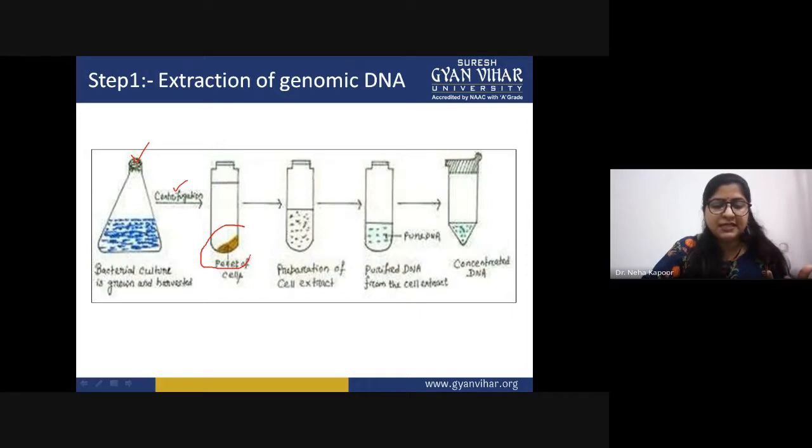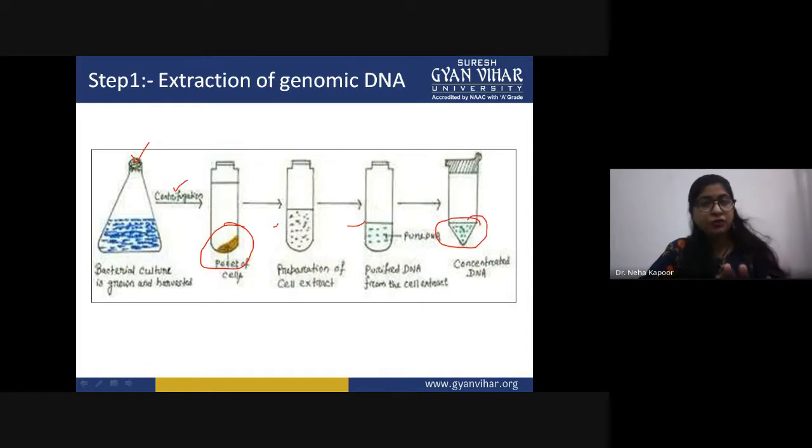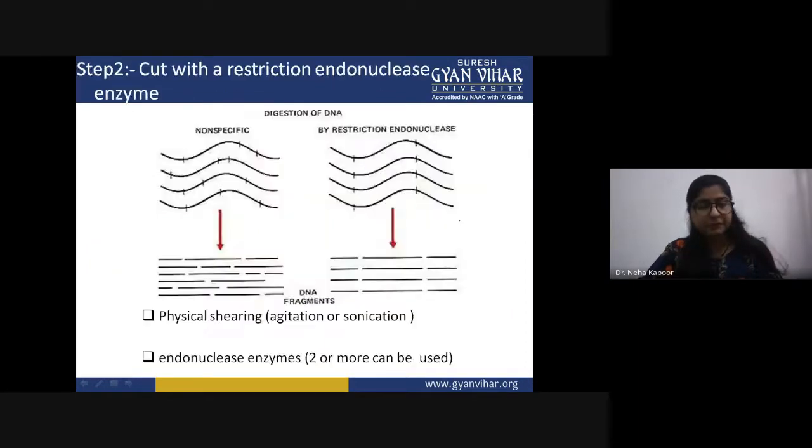These are the cells that have been obtained. Then you can go for the purification or preparation of cell extract. You can purify the DNA by removing contaminants like RNA and protein by using various enzymes, RNase or proteinase K, or you can go for phenol-chloroform extraction also. So once you have found the concentrated DNA, that means you have isolated the complete genomic DNA of a bacteria.